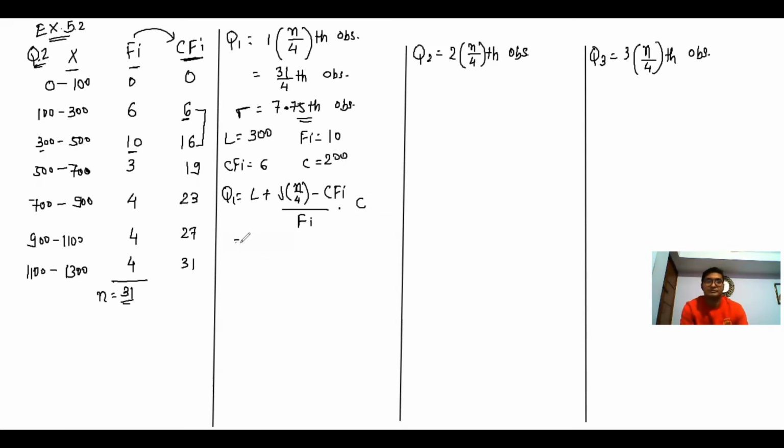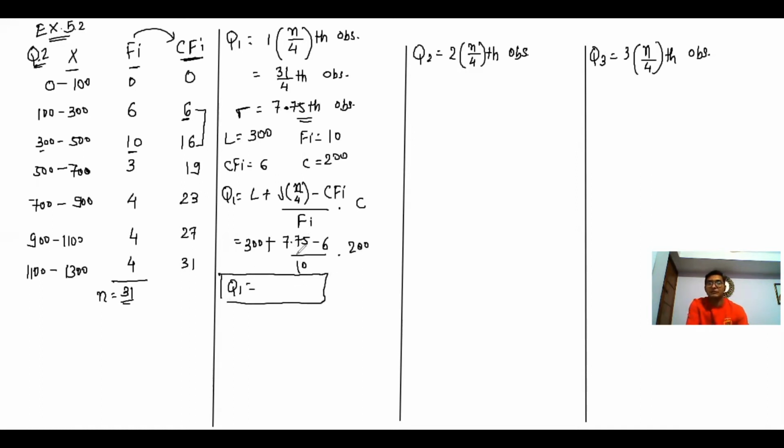Now the value of L plus 7.75 minus CF 6, divided by Fi 10, multiplied by C, that is 200. Now put the values in this formula and we get the final answer for Q1.